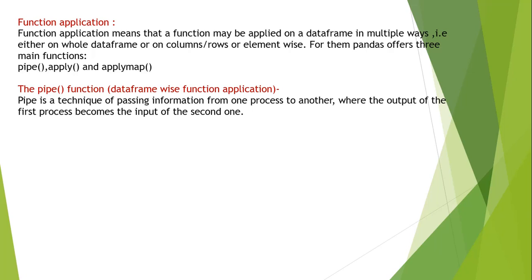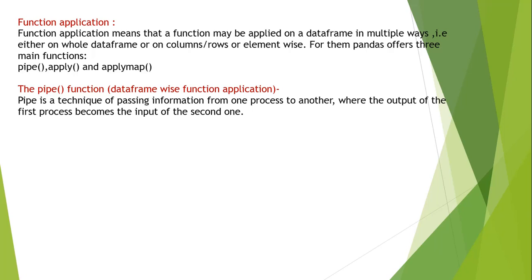So here you are taking the input from an output. Getting it? Multiple operations can be performed in this way. One will provide the output, which will become the input for the second one, and similarly the process can be continued. It is not necessary that there will be only two functions.